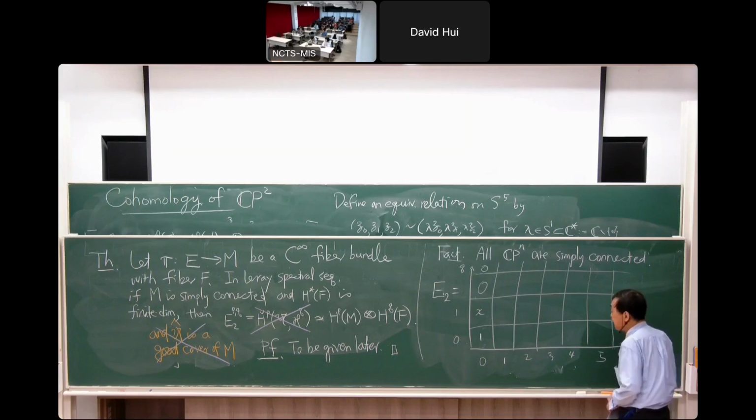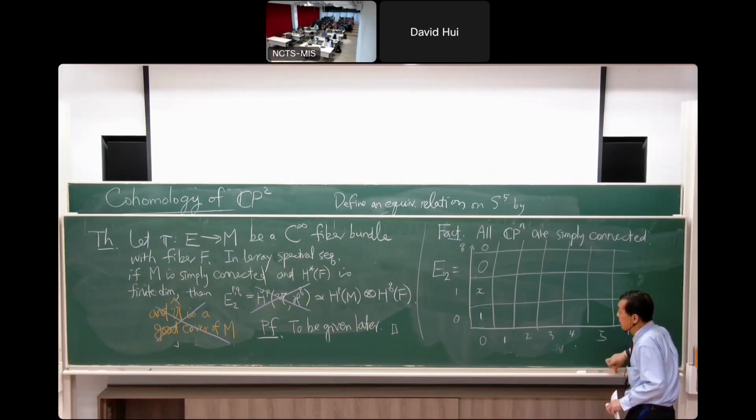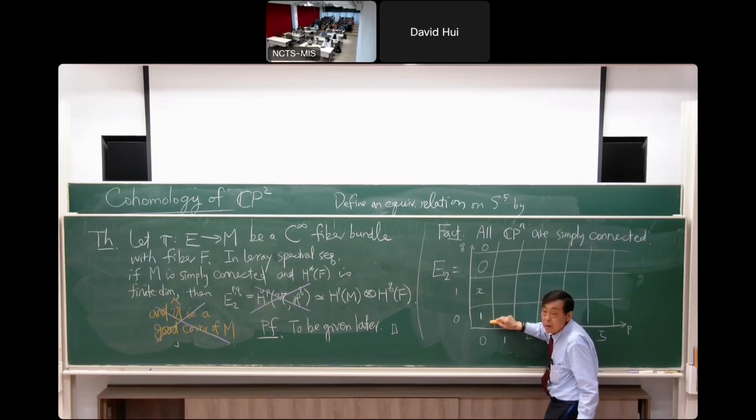Now let's look at D2, the differential. D2 goes down by 1 and across by 2. All the D2s will be 0 except for this one.